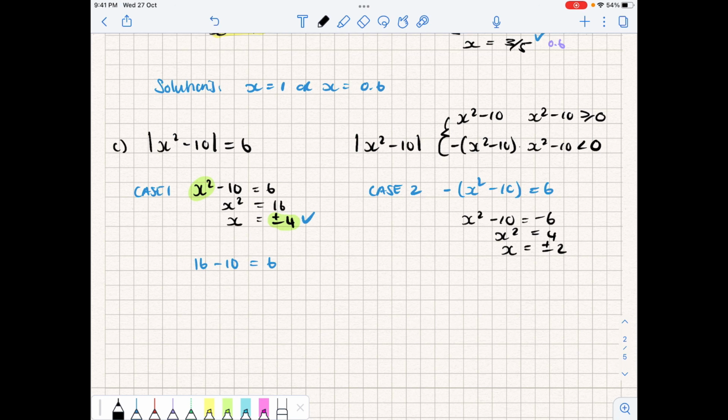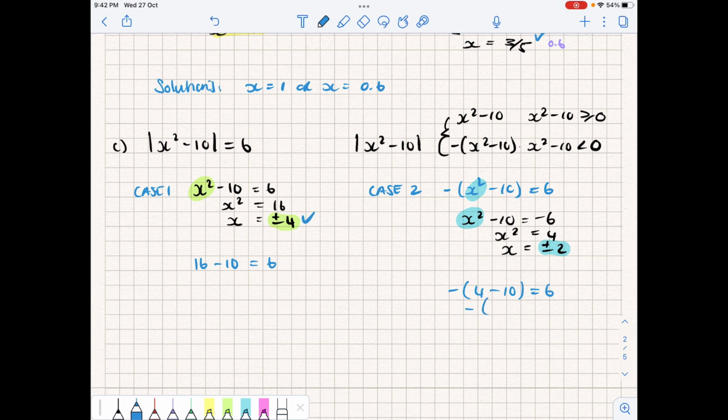Now, once again, because I'm taking a positive or negative number and squaring it, the outcome is always going to be the same. So I'm going to take my solution, put it into the equation, and see what happens. I took the negative case, so whether I put negative 2 or positive 2 in there, if I square it, it's always going to give me 4. Minus 10 equal to 6.